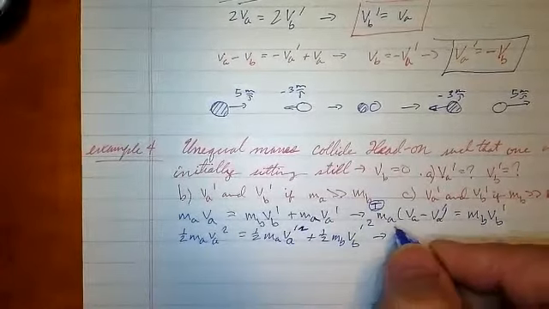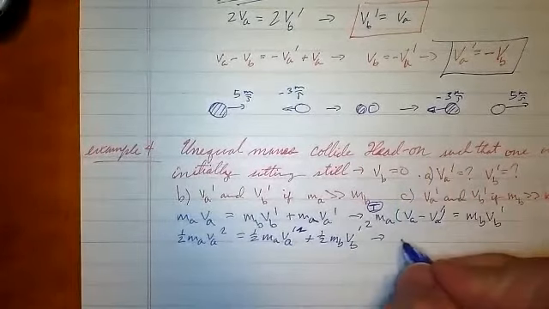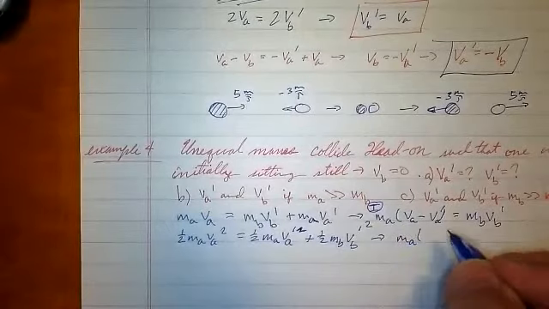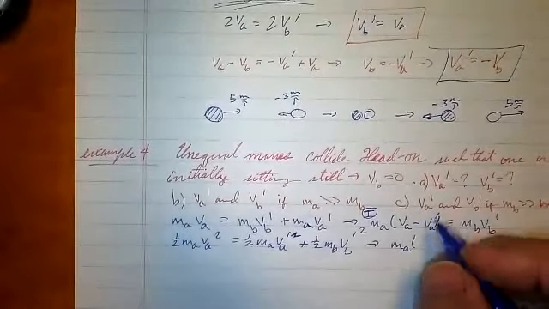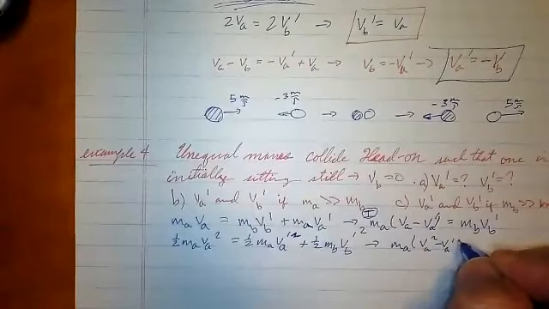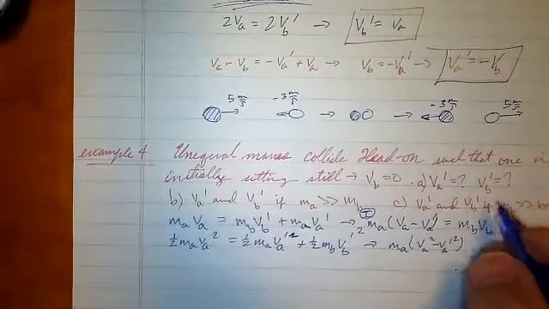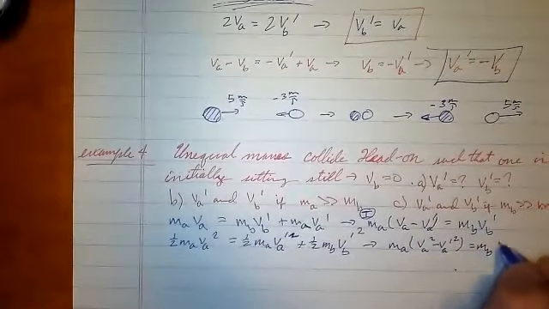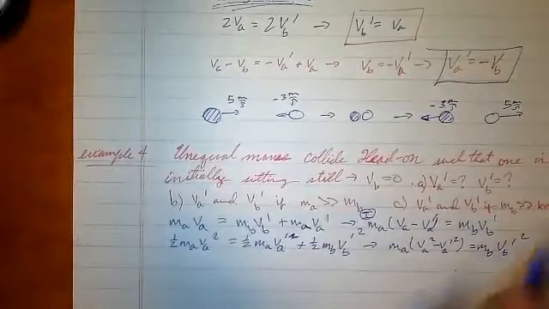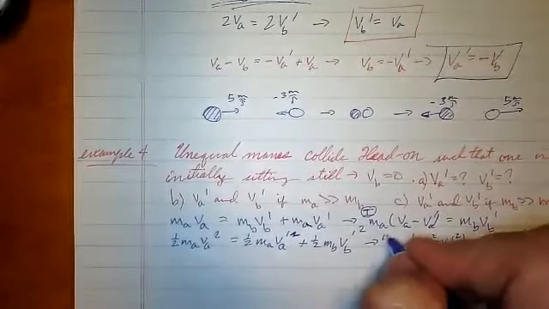And in this case, I can actually try to simplify it if I want. I'm going to get MA times VA squared minus VA prime squared, and that's just going to be equal to MB VB prime squared. So this is going to be equation 2.